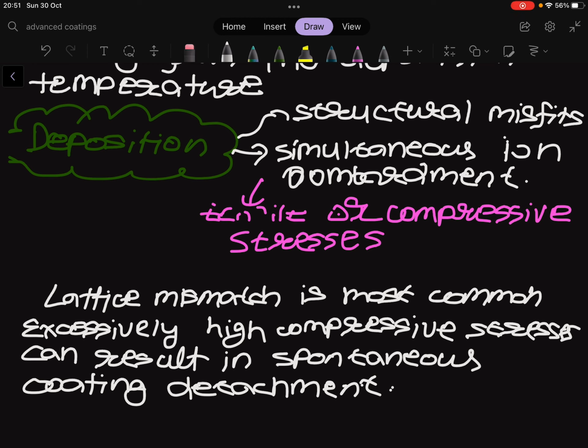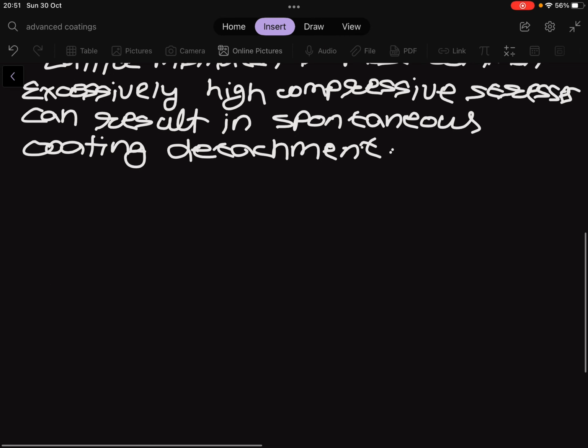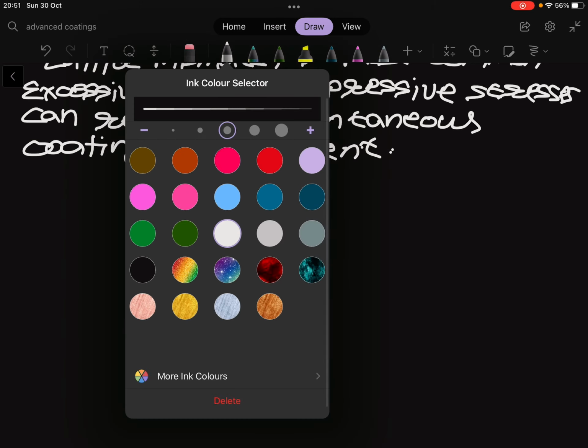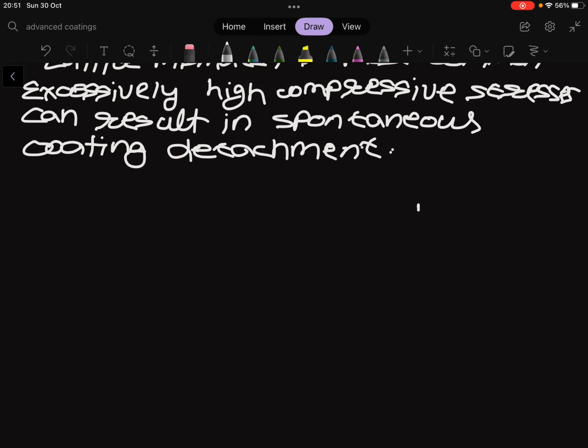In addition to these factors, there are stresses due to mismatch in thermal contraction between coating and substrate materials, and possible phase transformations during cooling, which are superimposed.